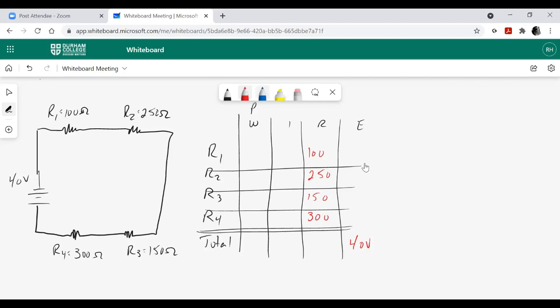Okay, so we're going to start with totals. There's an easy total to start with, my total resistance. R total equals R1 plus R2 plus R3 plus R4 equals, what do we got? 350, 450, 500, 300 is 800, gives me 800 ohms.